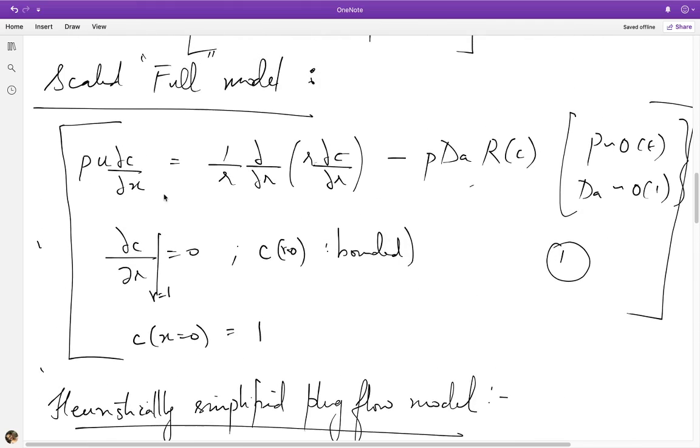Yes. So what we are doing is we are substituting C equal to cross-section average plus C tilde, and then for C tilde we put in the perturbation expansion. So this term we've already dealt with.